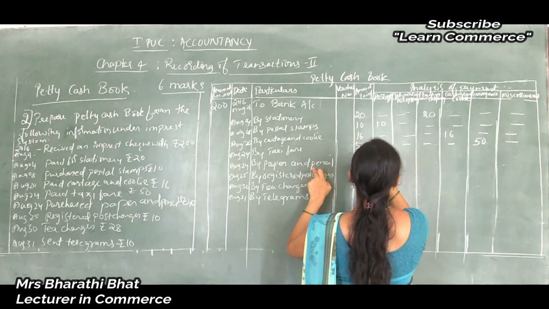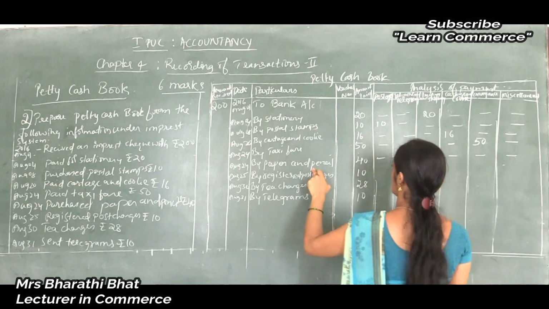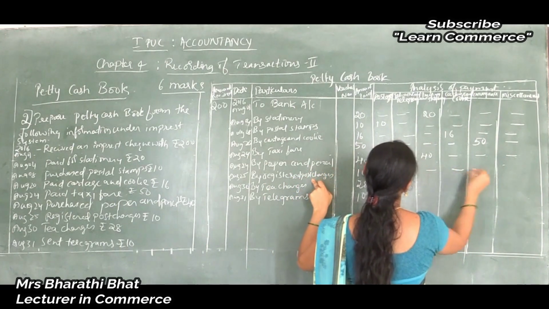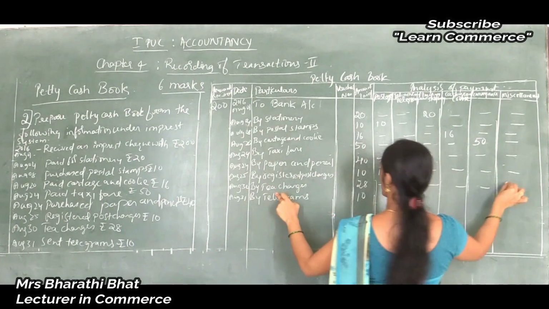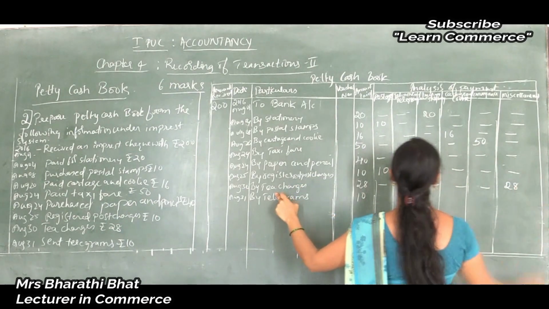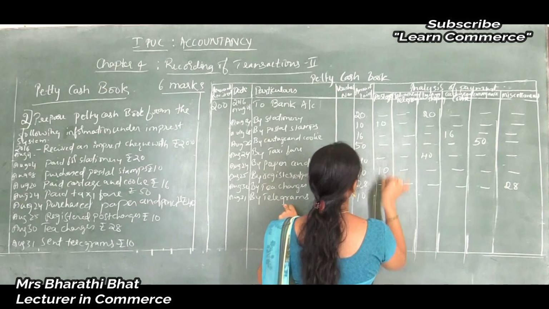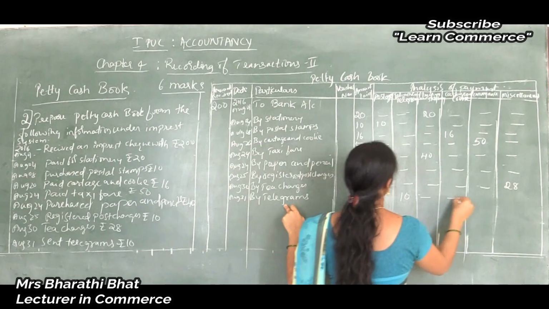Paper and pencil, printing and stationery. Registered postal charges, 10, comes under postage. Tea charges comes under miscellaneous. And telegrams, there is one column for that, telephone and telegram.